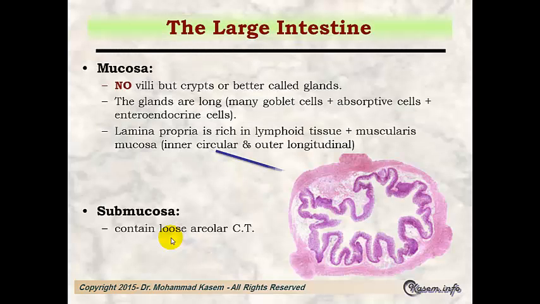The large intestine, as we now talk about each part, has a mucosa. The mucosa has another distinguishing feature, the taeniae coli, the major bands here and here and here. The submucosa is composed of loose areolar connective tissue.